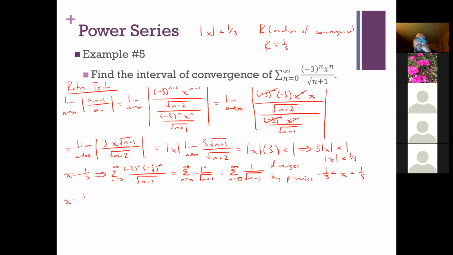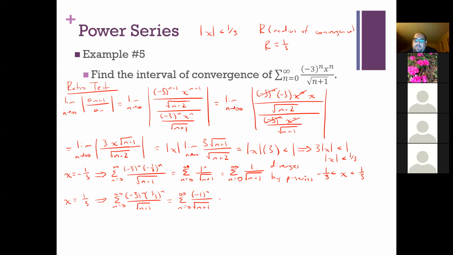So now let's look at what happens when x equals a third. The series I'm looking at is 3 to the n times 1/3 to the n. I can still multiply those bases together, but in this case, I'm going to get -1 to the n over the square root of n plus 1.